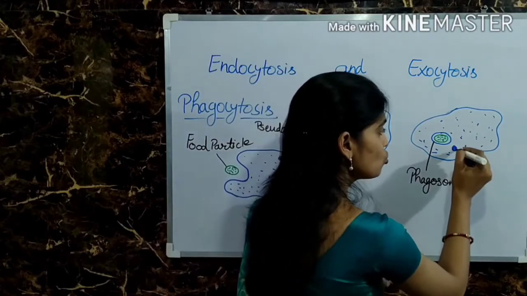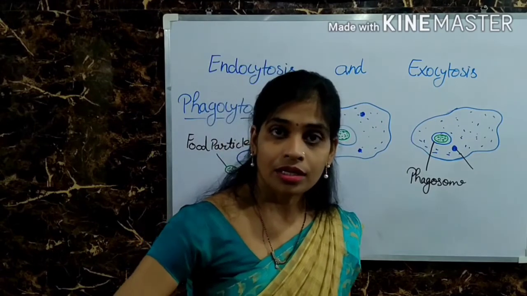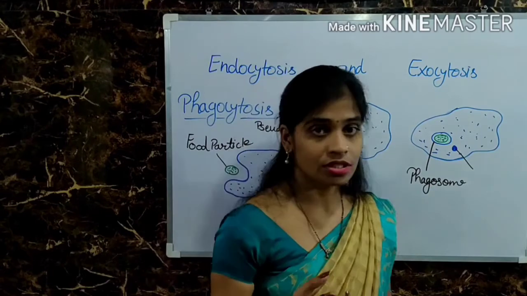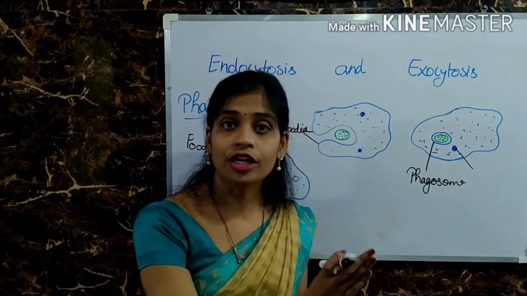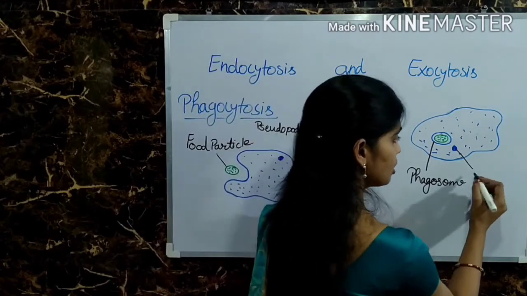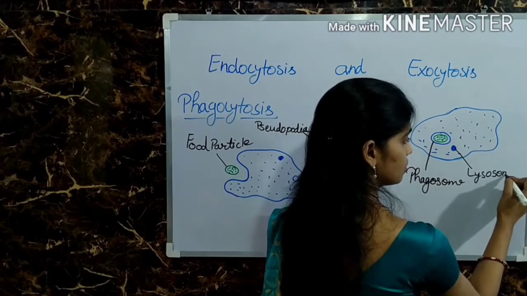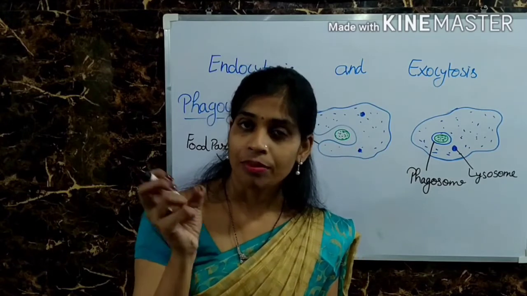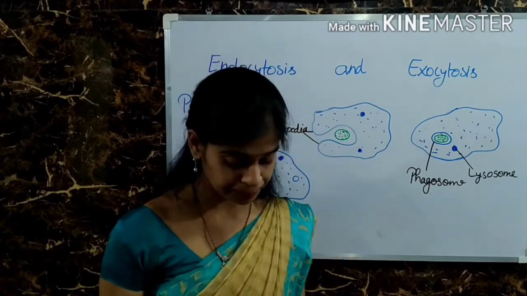The lysosomes present in the cell release their enzymes into the vacuole to digest or break down the food particles. So the lysosomes help to break down the food material that is inside the food vacuole.